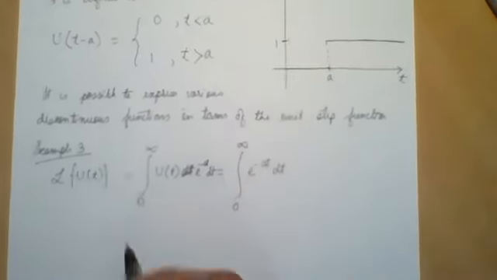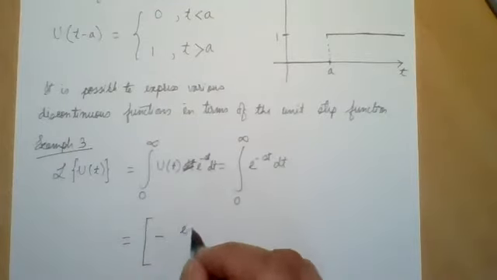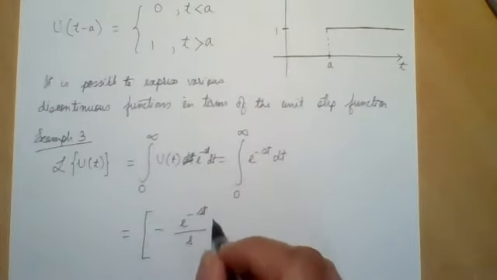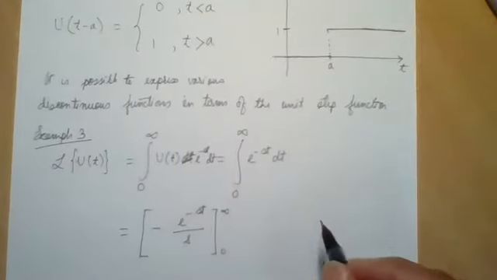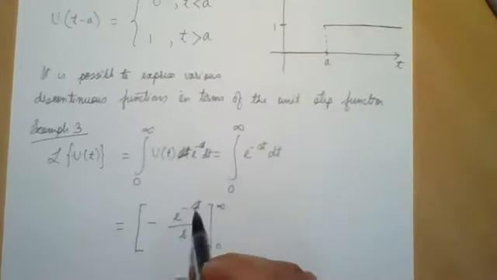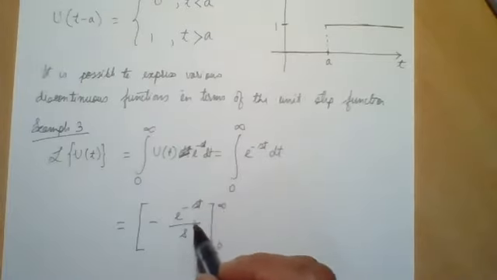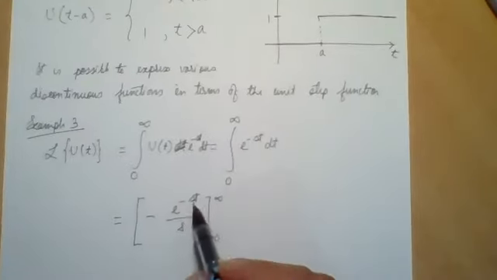And what is this? This is integration of minus e to the power minus st divided by s in the limit 0 to infinity. Last time we saw that when s is greater than 0, the value of e to the power minus st at t equal to infinity is 0. When t tends to infinity, if s is positive, then this term becomes 0.